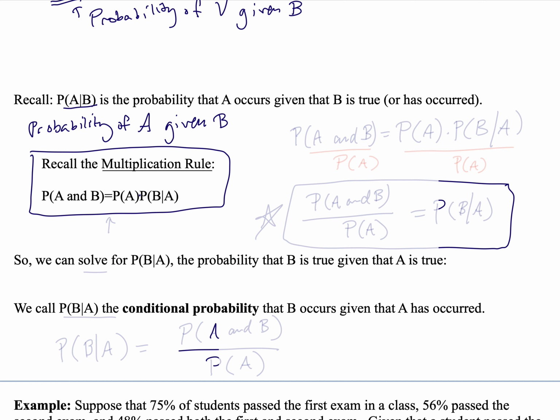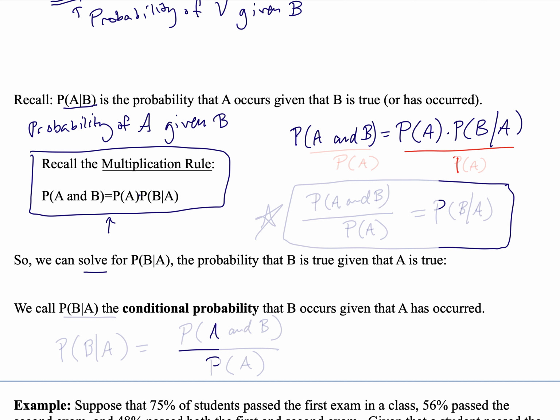And so we can use this algebraic expression to solve for the probability of B given A. The probability of A and B is equal to probability of A times probability of B given A. Again, that's just something we already know. That's the multiplication rule.